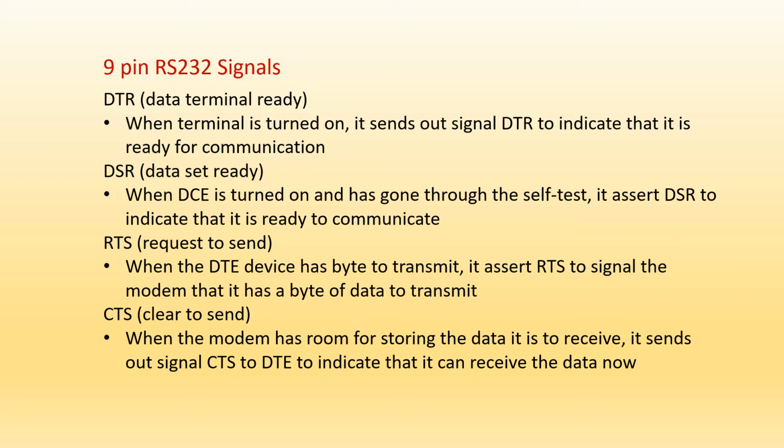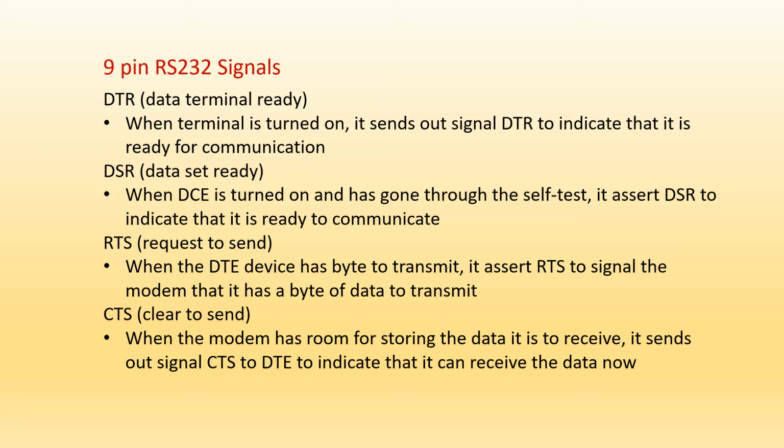Next is DSR, data set ready. When the DCE, the data communication equipment, that is the modem, is turned on, it activates the DSR signal to indicate that it is ready to communicate. DTR is given by the data terminal equipment, and DSR is given by the data communication equipment.